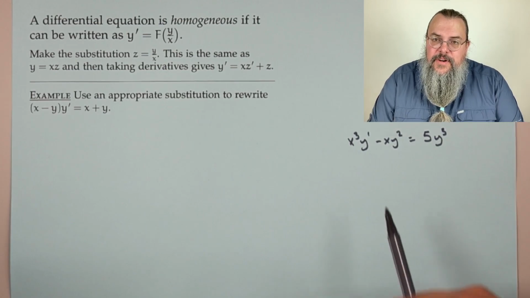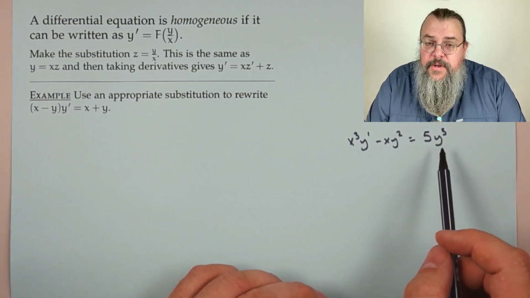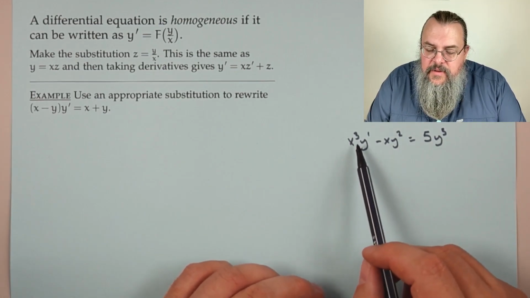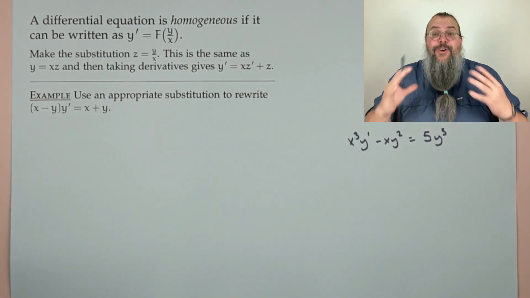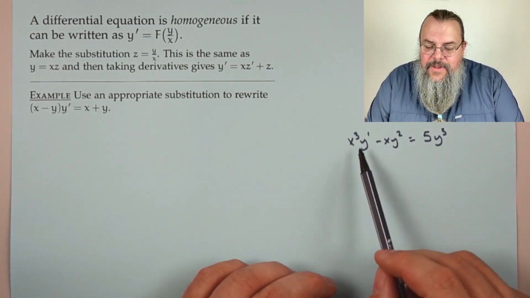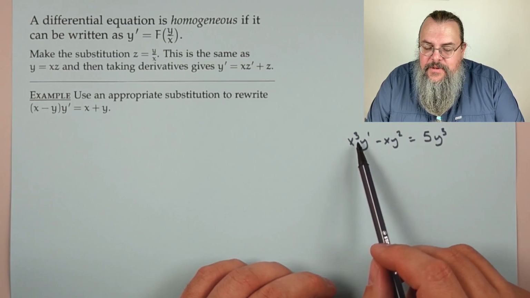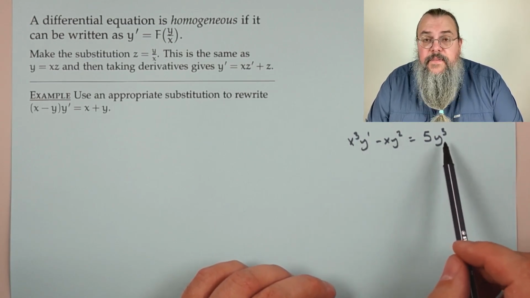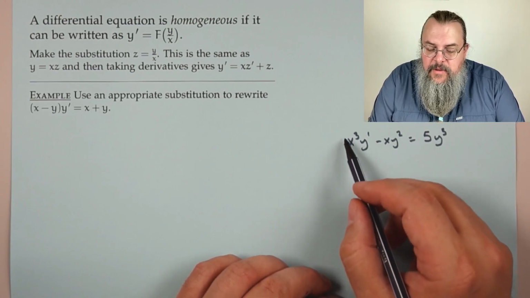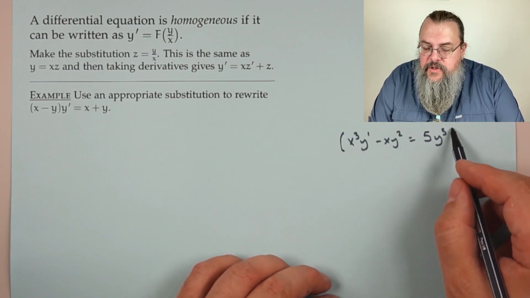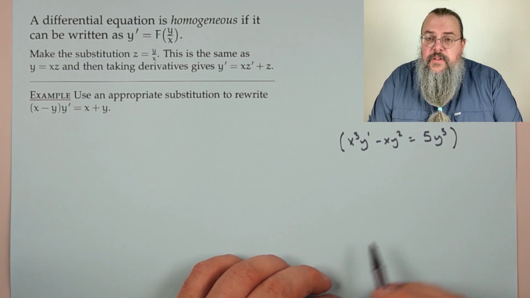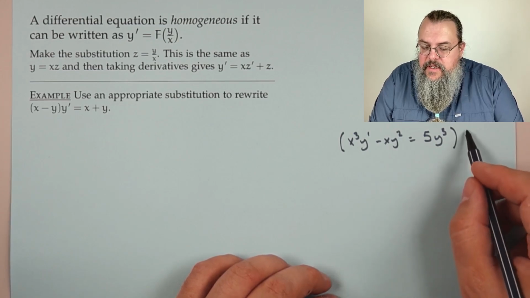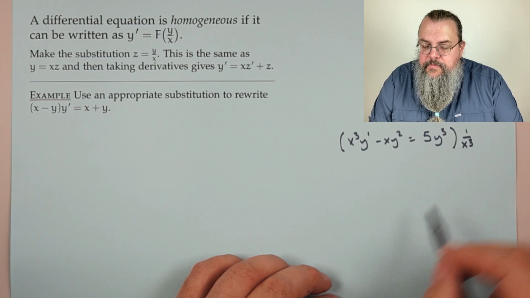Now the claim here is, all the pieces are polynomial, and when we look at the total degrees, here we have degree 3, here we have a 1 and a 2, that makes 3, and here we have 3. And so you can take something in this form and turn it into something where everything looks like a y over x by saying, all right, divide everything by x cubed.